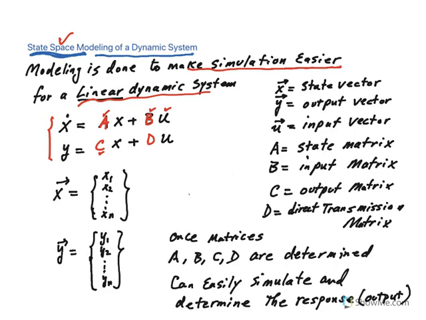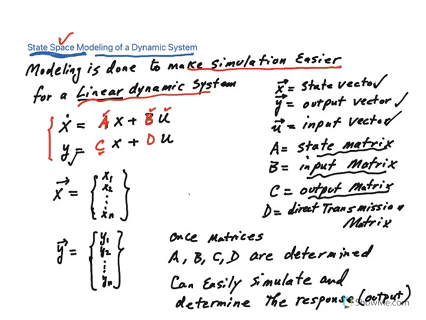All right, so let's come here and define each one of these. x is called the state space vector, state variable vector. y is called the output vector, right? u is called the input vector. And A is called the state matrix. B is called the input matrix.